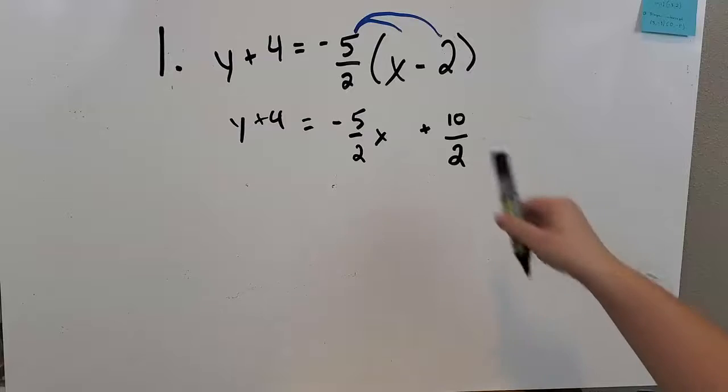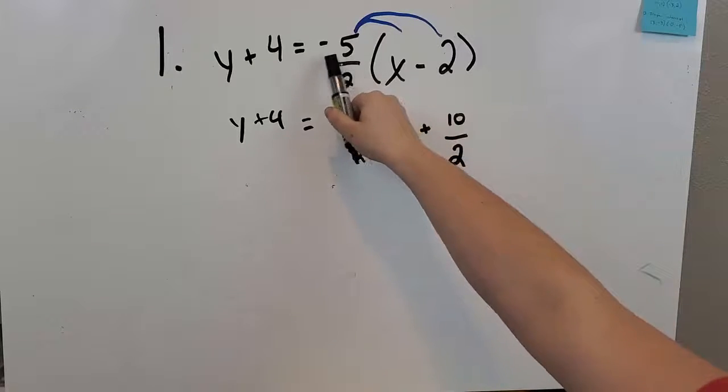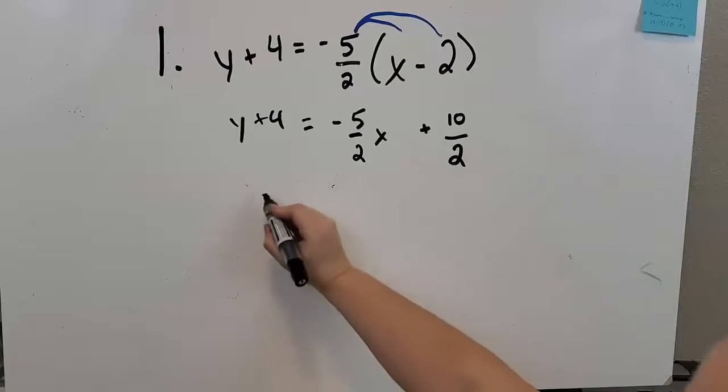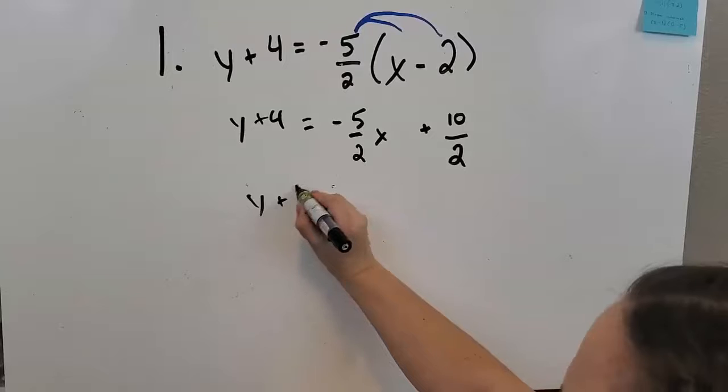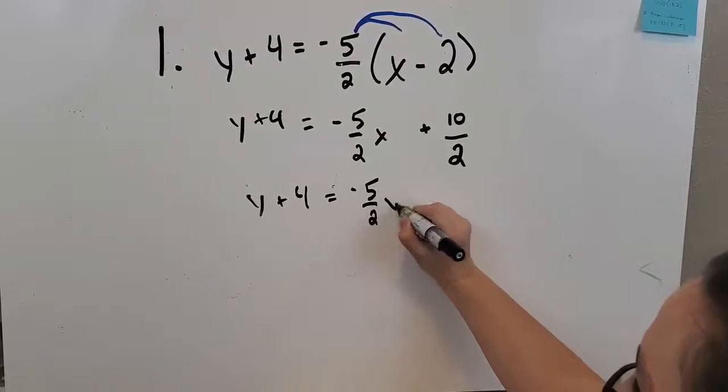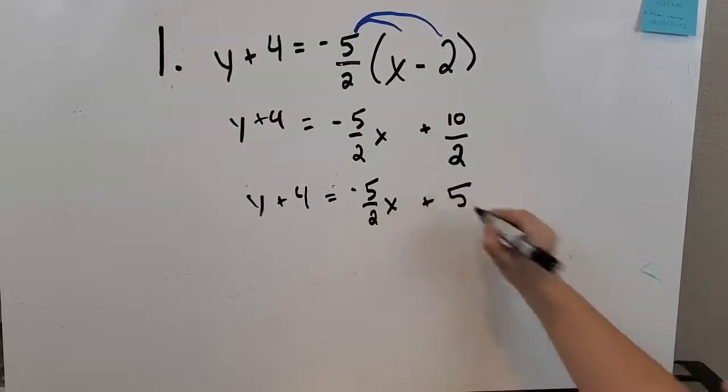Remember, when you multiply a number by a fraction, you multiply this term by the top and put it over that denominator. So the next thing I'm going to do is simplify 10/2 to 5 and rewrite my equation. So I get y plus 4 equals negative 5/2 x plus 5.